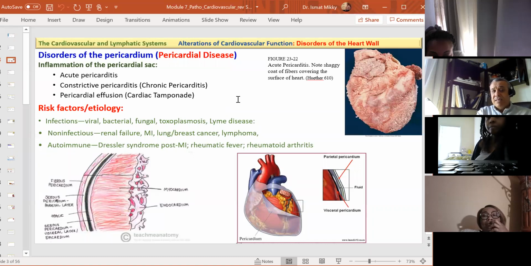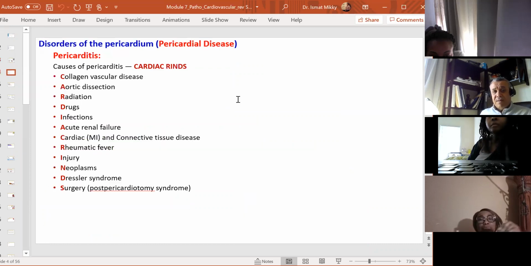Other conditions that may cause this disease, as an etiology, are acute myocardial infarction, MI, lung or breast cancer, lymphoma, leukemia, and rheumatoid arthritis. Patients who receive radiation treatment for cancer tend to develop this type of problem as a complication from the treatments.